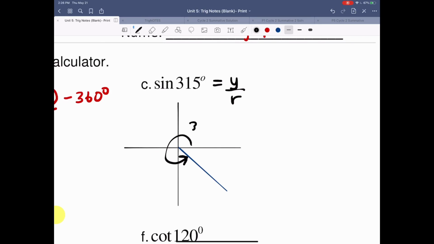And so this is 315 degrees. I'm going to start drawing my acute triangle. And so this has to have a related acute angle of 45 degrees because I'm doing 360 minus 315 in my head. And so if that's the case, this is 90 because I've drawn myself a right angle triangle, and this is 45 degrees.